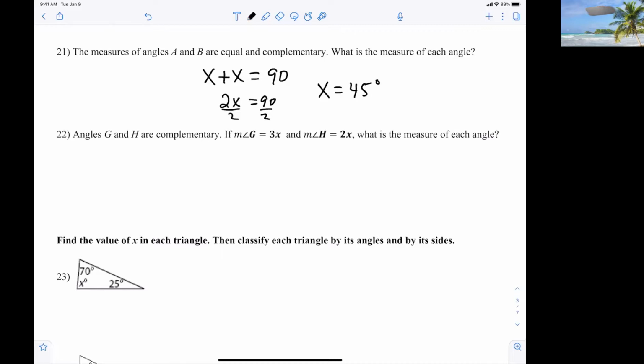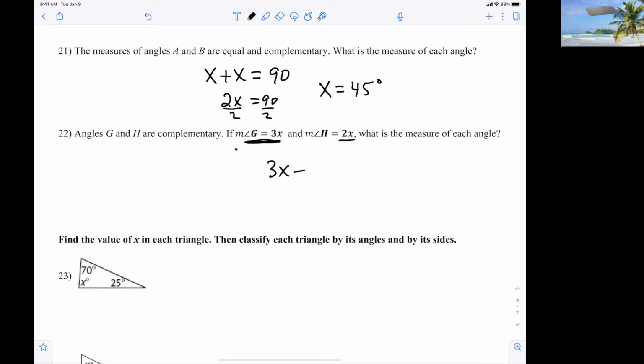That's right. So how do I write an equation for this, please? Why 45? What is this angle right here? 3 what? And what's this one? So by your own words, you said two angles that add up to 90. So you would write 3x plus 2x equals 90. Do you agree with this?